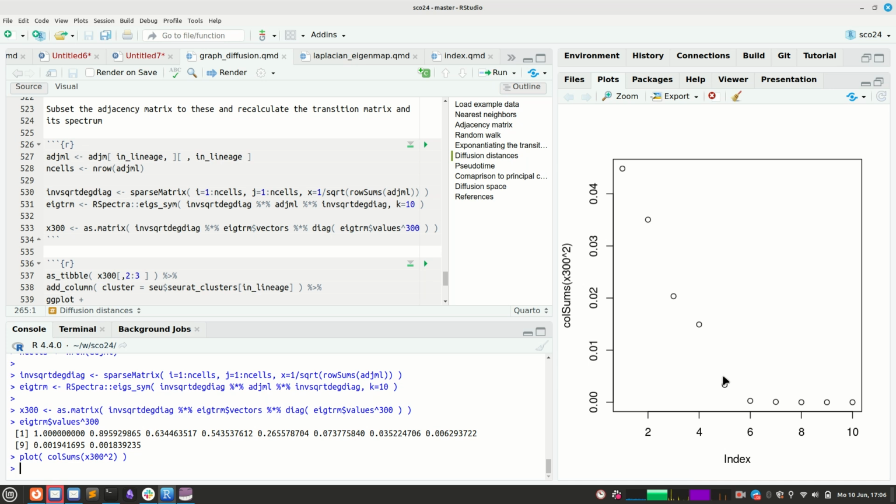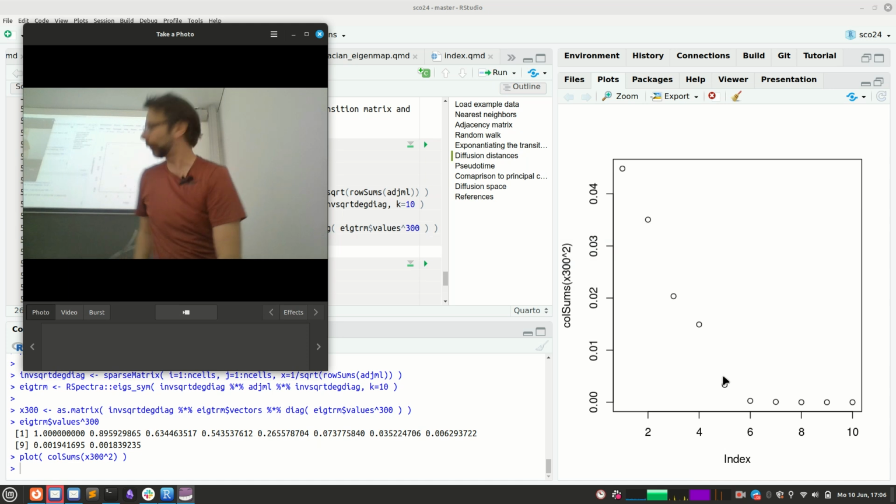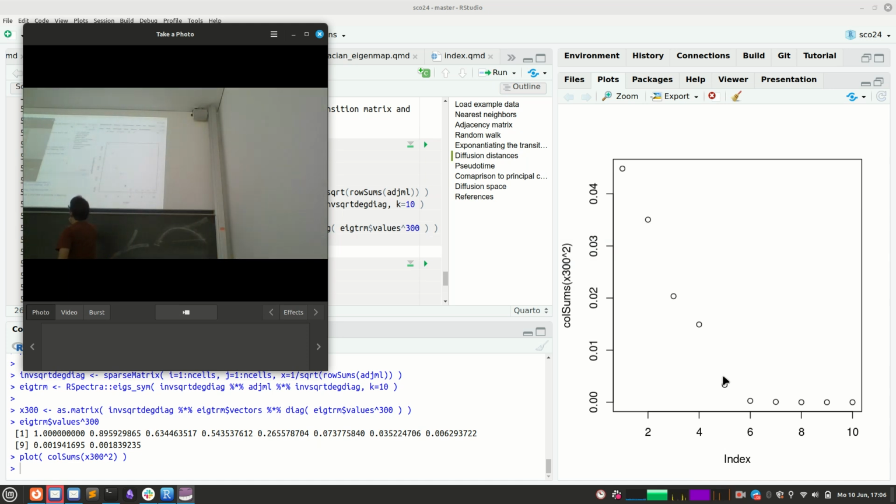So let's imagine that this here is the PCA space, 2-dimensional for me now, but these are the 50 dimensions. And this is the submanifold on which the cells actually sit. Because there is random noise, they don't sit exactly on the submanifold, but they scatter around it.